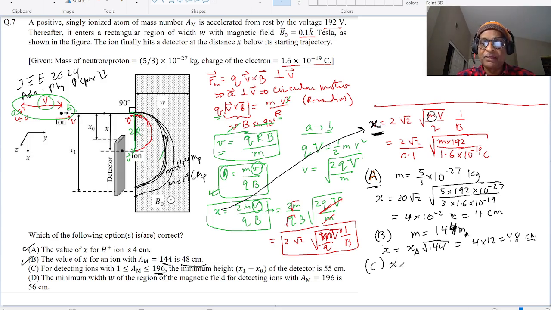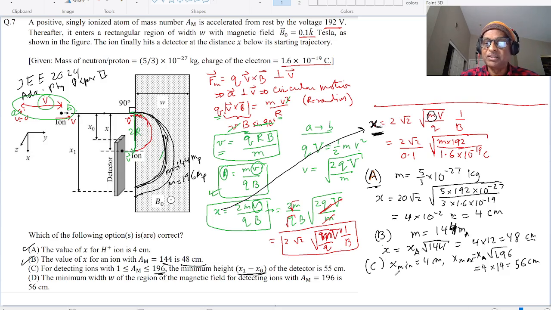So x min is 4 centimeter, but x max will be x A times the square root of 196, so that will be 4 times 14, which is 56 centimeter. I'm calling x max x1 and x min x0.